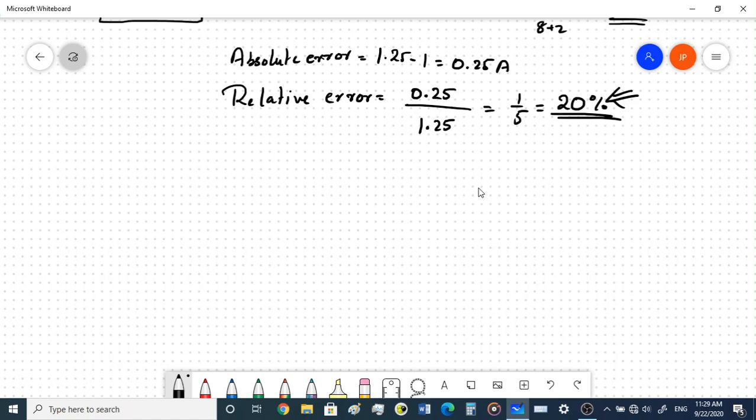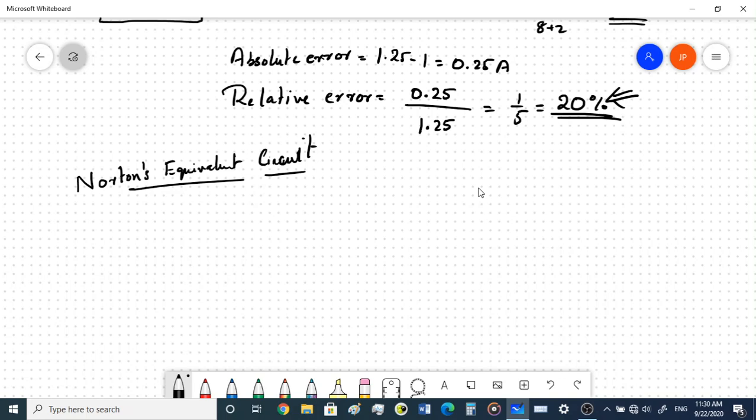I hope you must have already learned what is Norton's equivalent circuit. By finding the Norton's equivalent circuit, you can easily find what should be the value of the internal resistance of the ammeter in order to minimize the error.